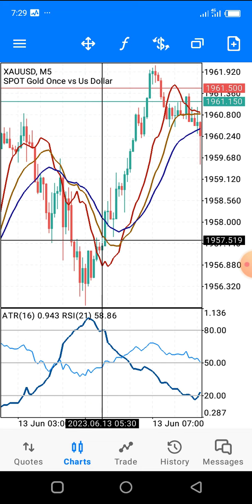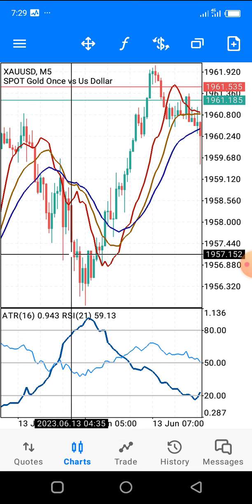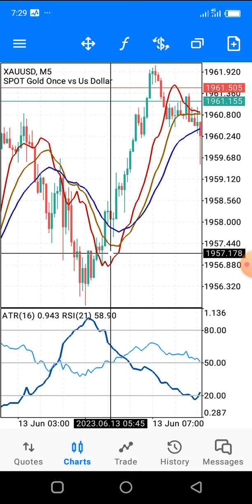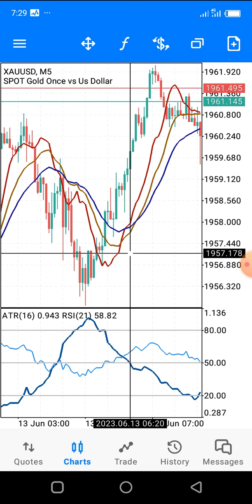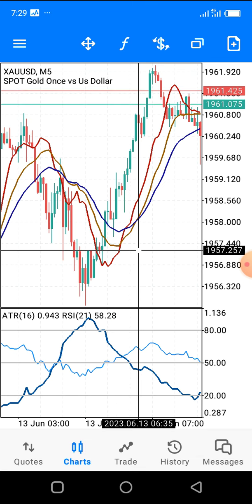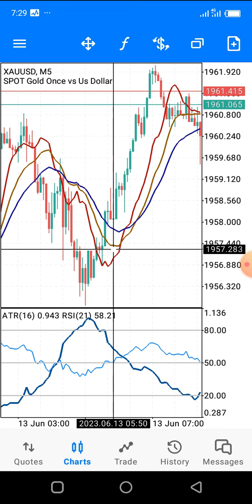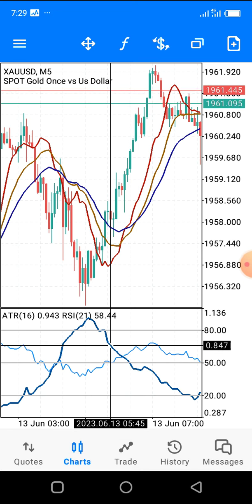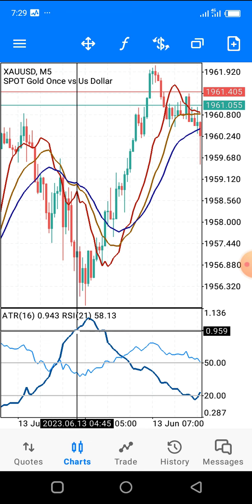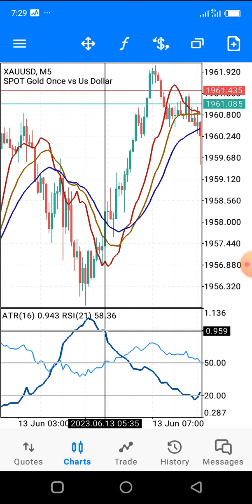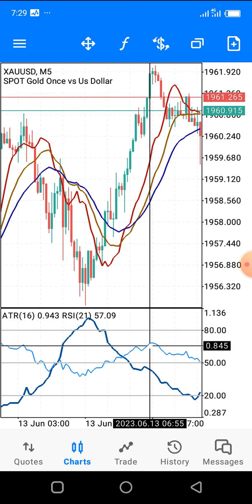So this zone, when the ATR is at the upward zone and the RSI is reading above 50, like I said, you're going to buy when the RSI is reading above 50 and is above the ATR indicator. The ATR indicator being at the upper zone is telling you a strong volatility. The RSI being above 50 is telling you a strong momentum.